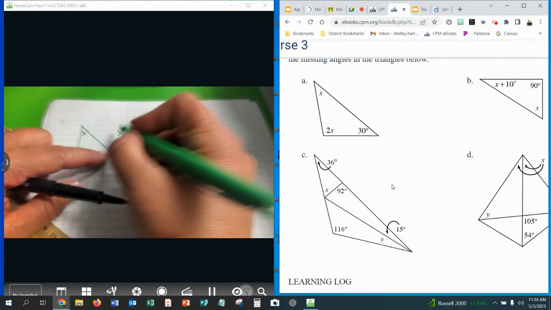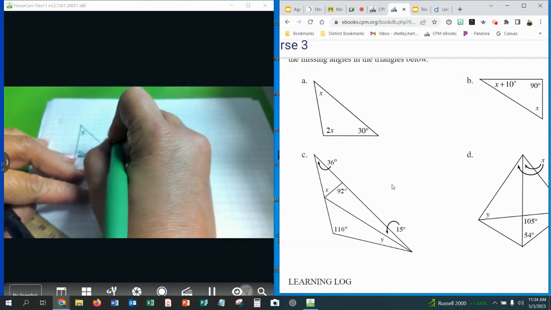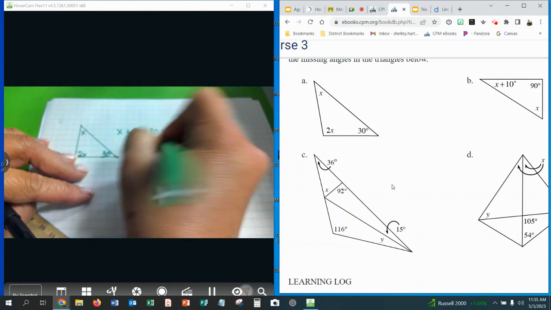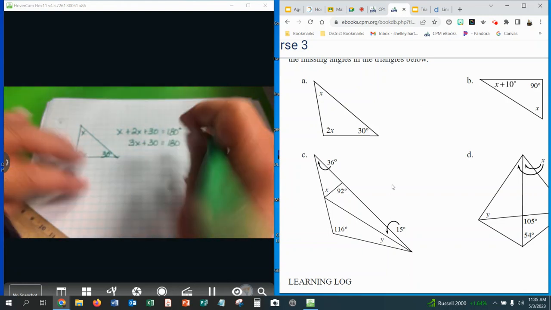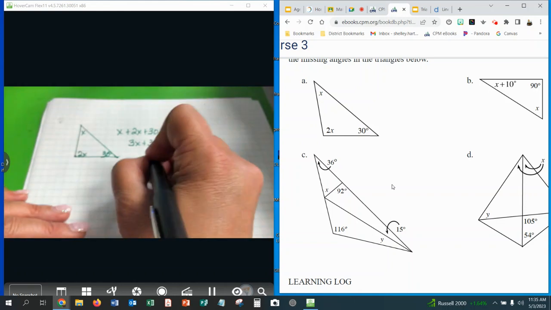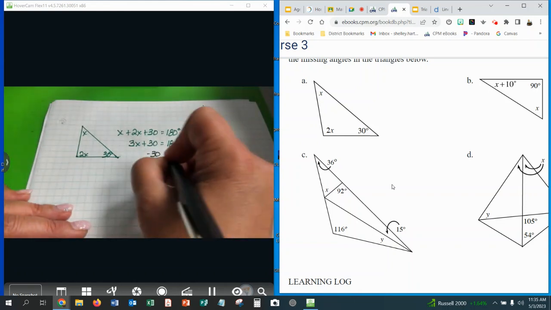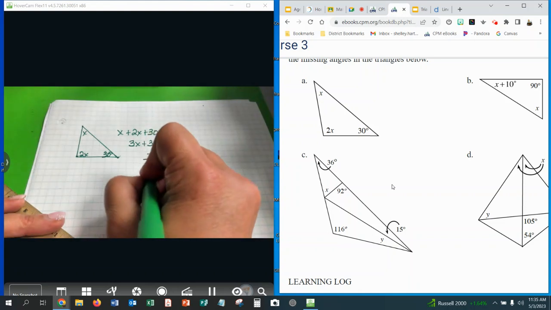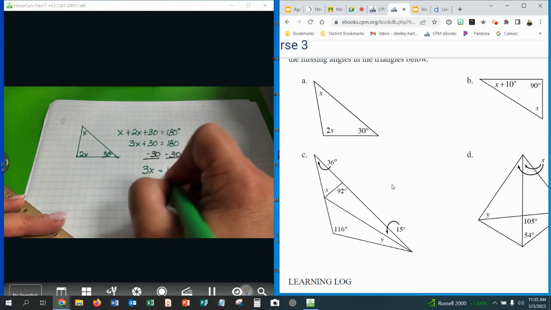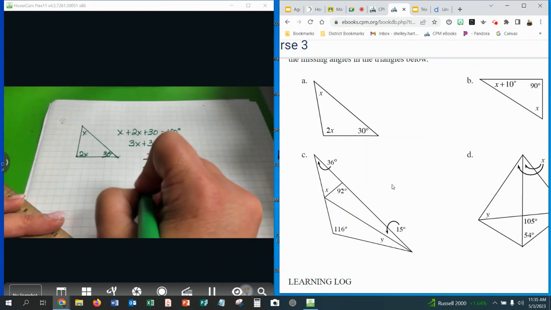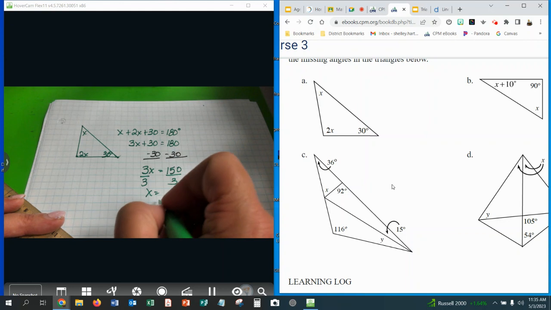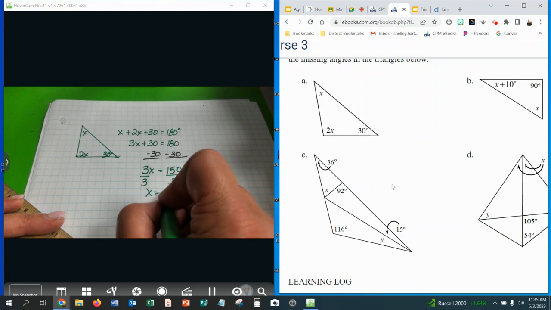So I'm going to add the x's. I've got 1x and 2x is 3x plus 30 equals 180. I'm going to subtract 30 from both sides. Now I have 3x equals 150. Divide 3, divide 3. X equals, 3 goes into 15 how many times? 5.